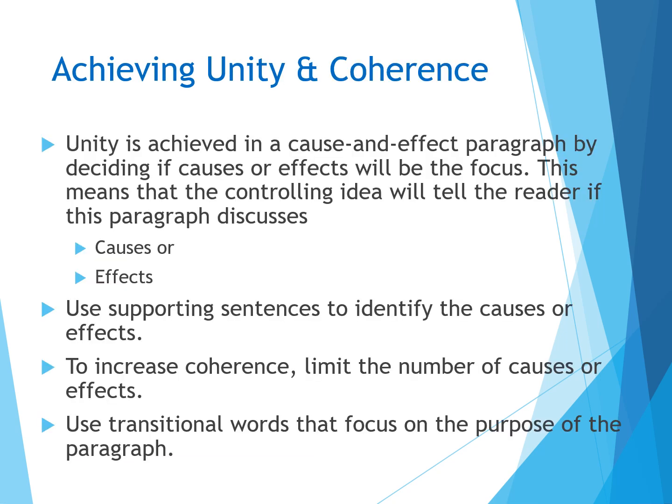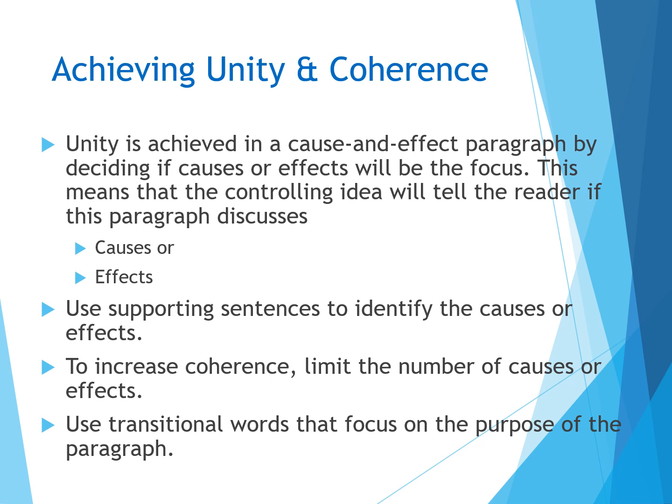Now, we always want to make sure that we're keeping unity and coherence in mind. Unity is achieved in a cause and effect paragraph by deciding if causes or effects will be the focus. That means your controlling idea will tell the reader if the paragraph is focusing on the causes or on the effects. It could also be talking about a cause and effect chain, which we'll talk about a little bit later.